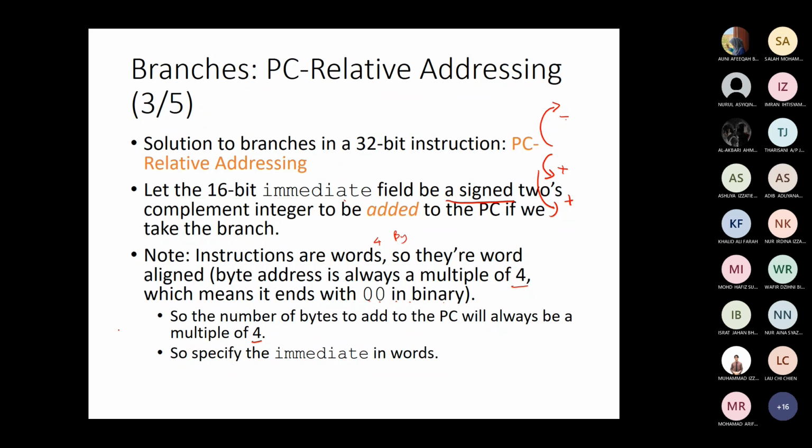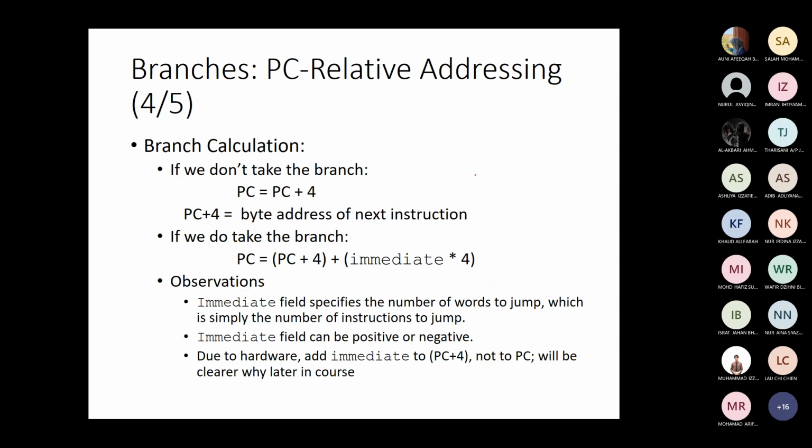So if you need to branch over only one instruction, then one instruction times 4 gives the 4 bytes to add. So we specify the immediate in words.